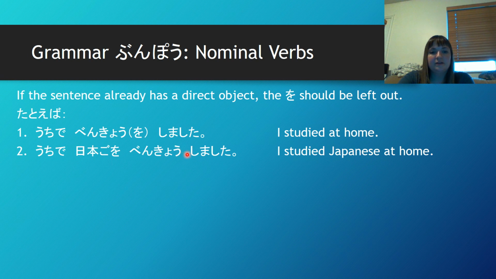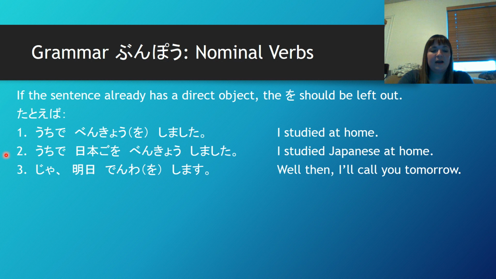That would be awkward, right? We only need one O. So again, as they say, if you leave it out, you're better off. You don't have to worry about it. Okay. So うちで日本語を勉強しました. Okay. So that's just a simple rule to remember. You're usually not going to have more than one direct object in your sentence. So if you have two O's in there, two of your particle O, then something's wrong, right?